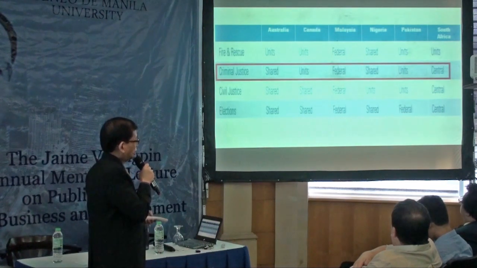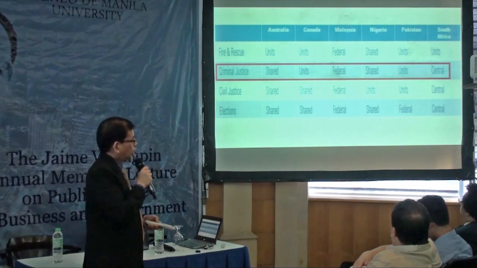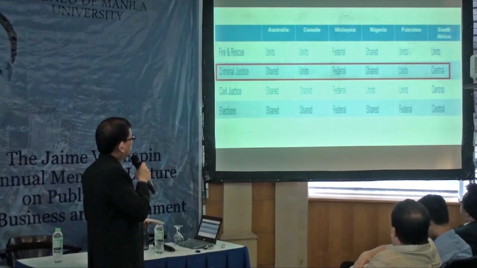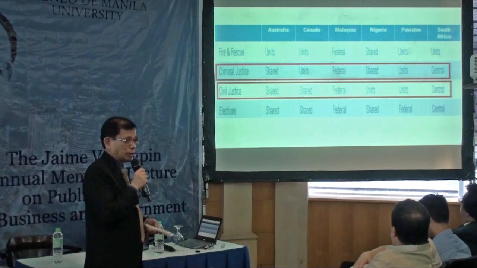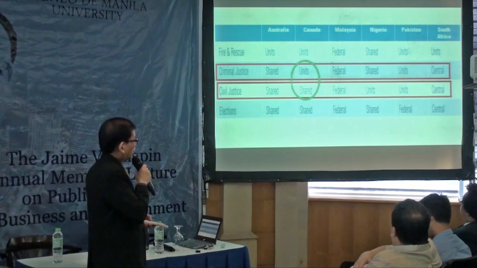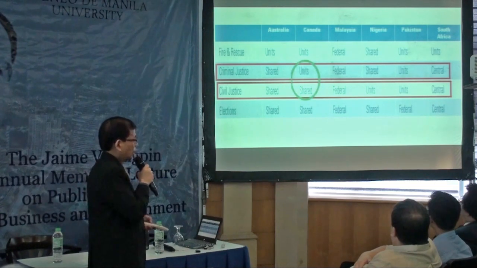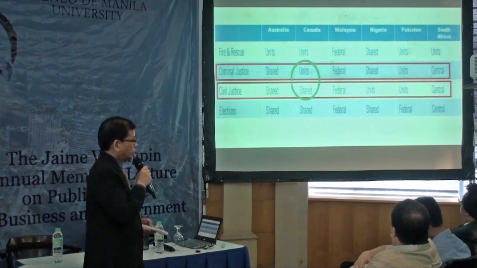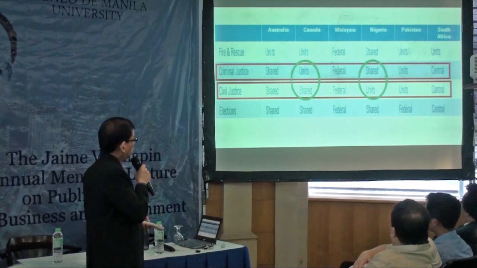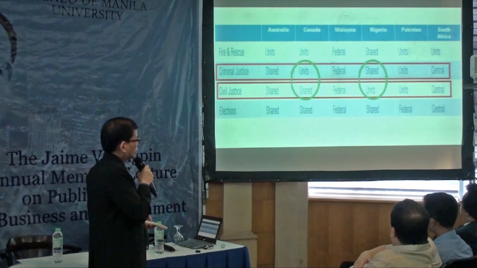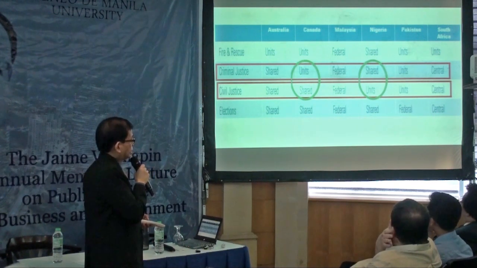In terms of criminal justice, again there is a variation of jurisdiction. But compare this to civil justice, where you would have a shift. For example, Canada, units for criminal justice, becomes shared for civil justice. For Nigeria, shared for criminal justice becomes units for civil justice.